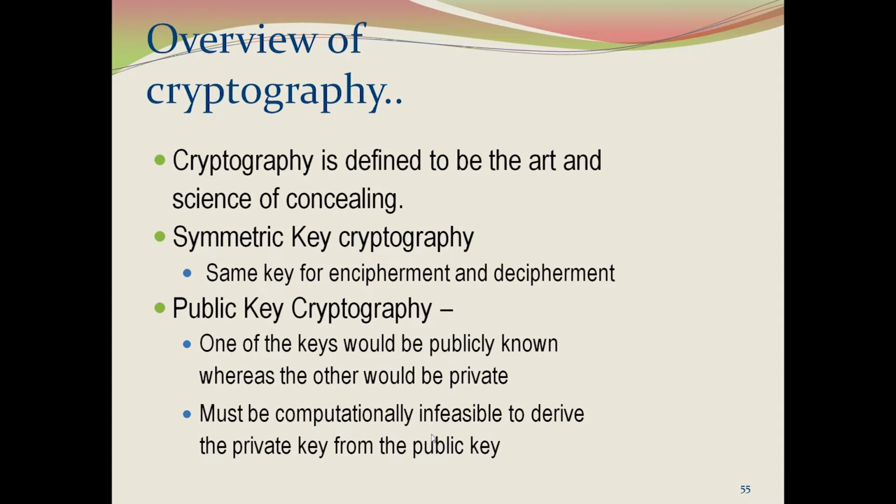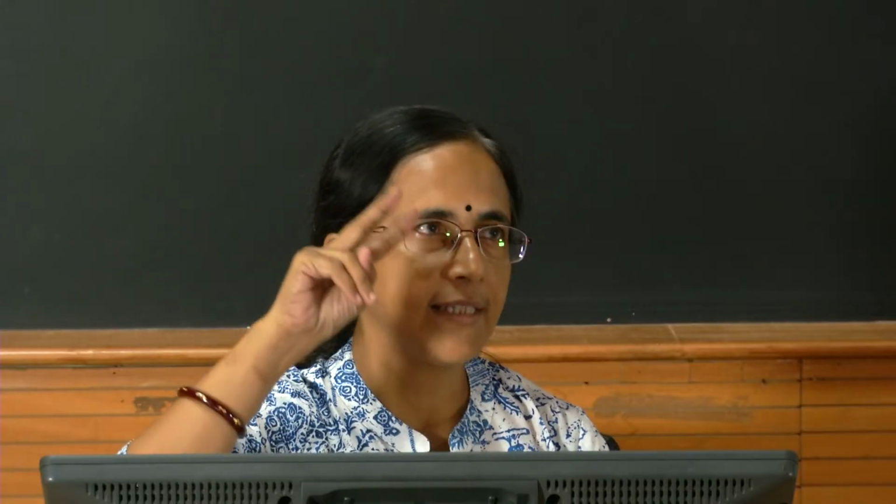Everybody may think that they can derive the private key from the public key for some other person, because there is a relationship between the public-private pair of one node. But it has to be computationally infeasible. That means, given the time limit, resources and other things, you may not be able to come back to the exact pair of public and private.